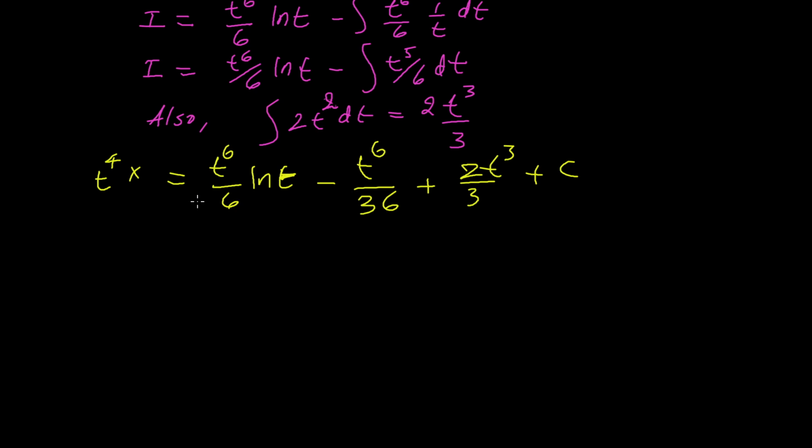Then now we follow it with this also here. All right, so as I mentioned at the beginning, we're looking for x. So we're going to need to divide by t to the fourth. All right, so dividing by t to the fourth, this simplifies by 4, and we get this here.